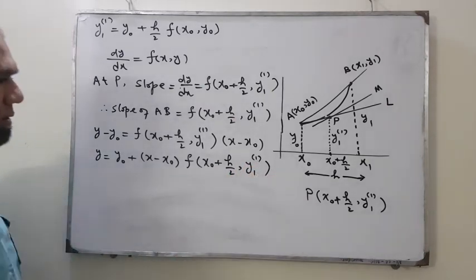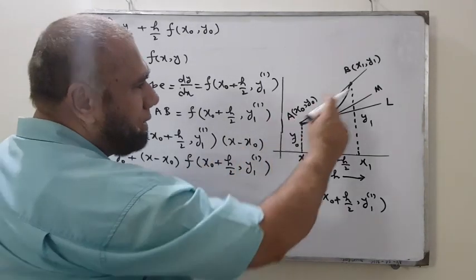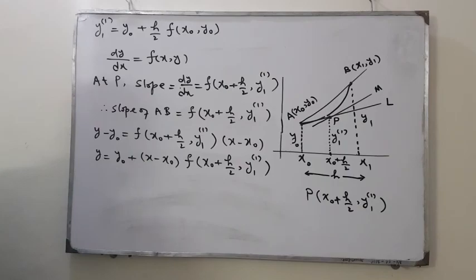This is the equation of the line starting from point A and going in this direction.